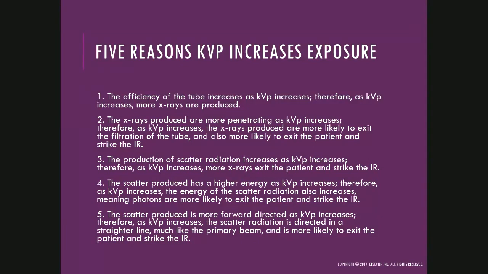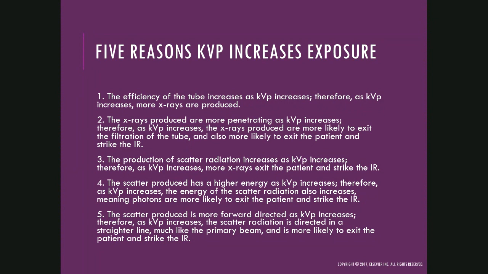Remember in Unit 2 when we talked about X-ray interactions and matter, we talked about transmission versus attenuation. If you have a higher energy, you are more likely to have transmission of your X-ray photon. Number 3, the production of scatter radiation increases as your KVP increases. Haha, this is part of why I put the chapters in the wrong dang order.